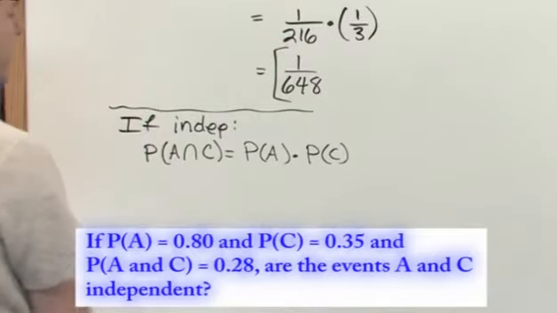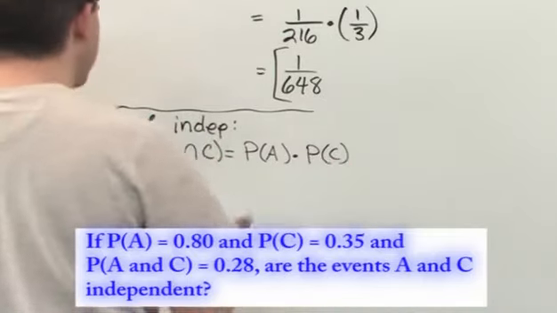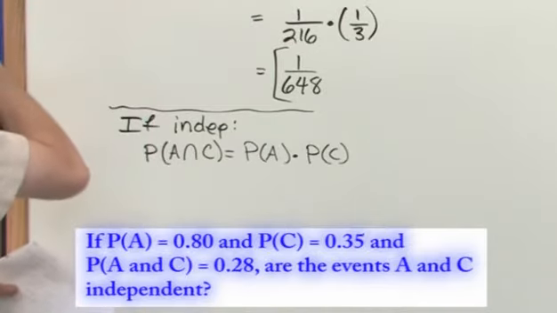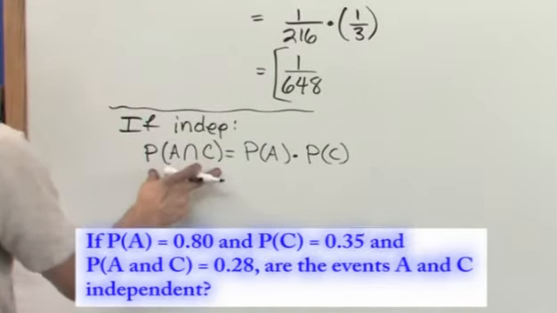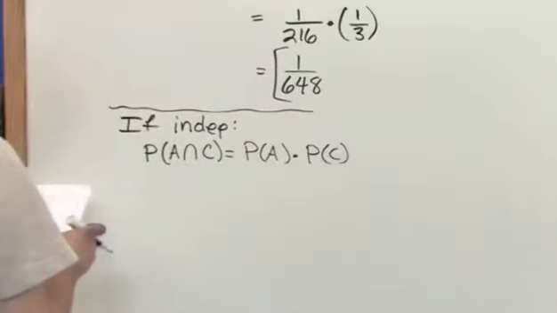If A has occurred, it has no influence on whether C has occurred, so there's no need to write that down. So basically all you're checking here is to make sure that the probability of both happening is the same thing as the probability of these 2 things multiplied together.